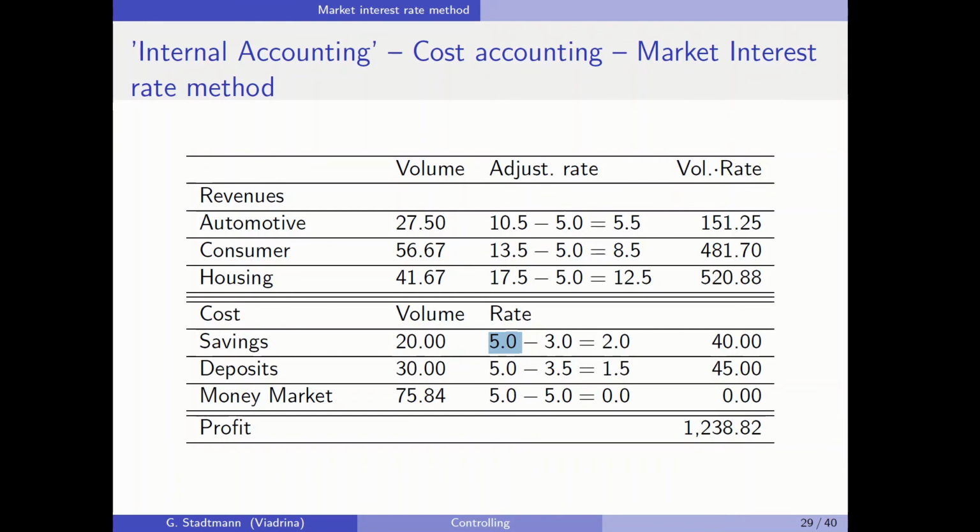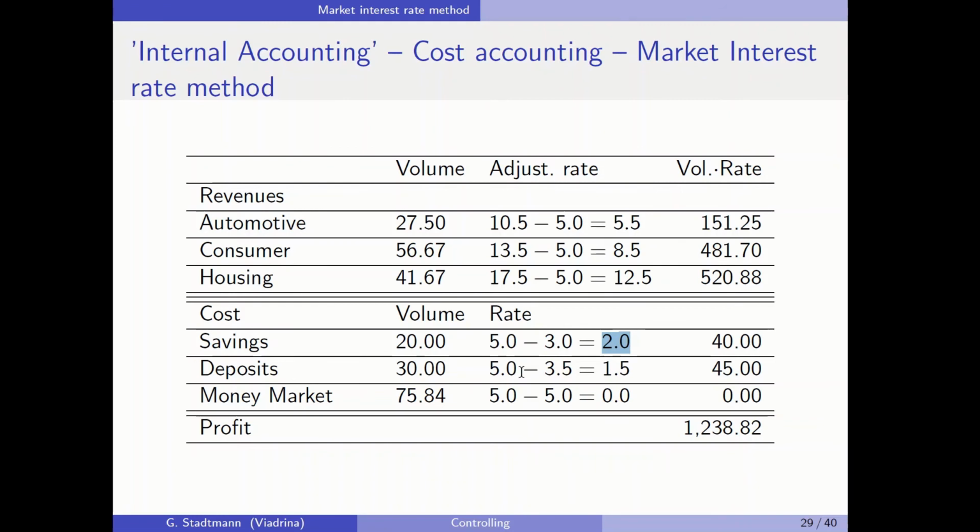So the profit margin for the savings is equal to the difference between 5 and 3, so 2%. When we multiply through the volume times this profit margin, we get the profitability of the savings.